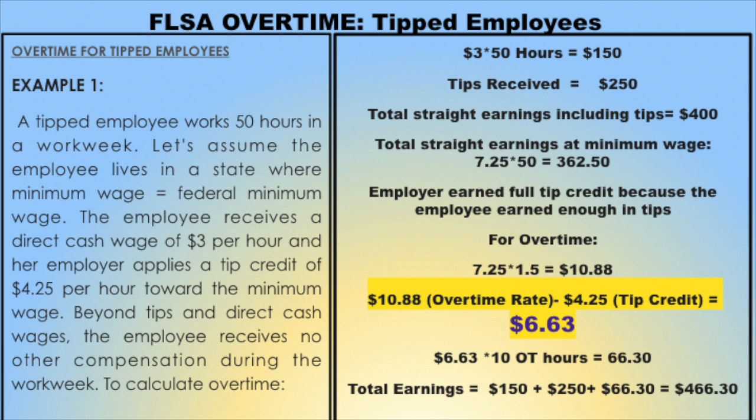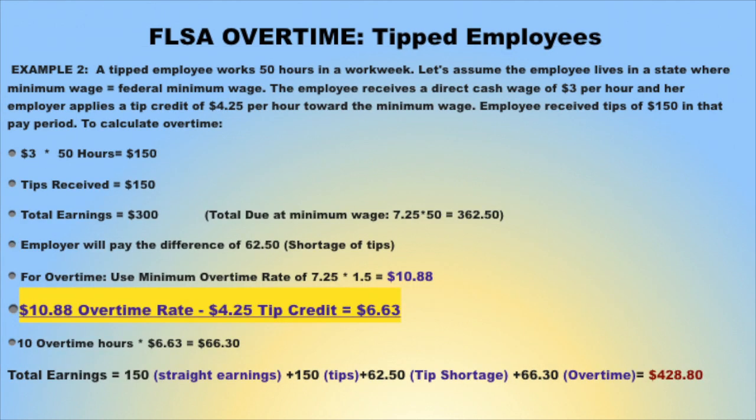So the total amount is 466.30. Let's look at another example where the tipped employee did not make enough tips and her earnings went below minimum wage. This is the same example as the previous one, only I have changed the tip amount from 250 to 150. So she still has direct cash wages of $3.